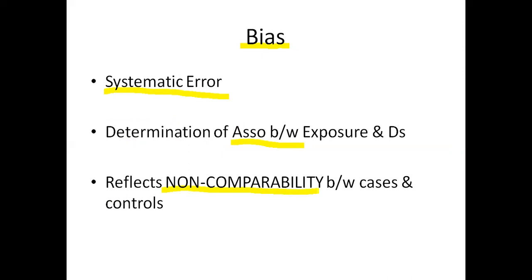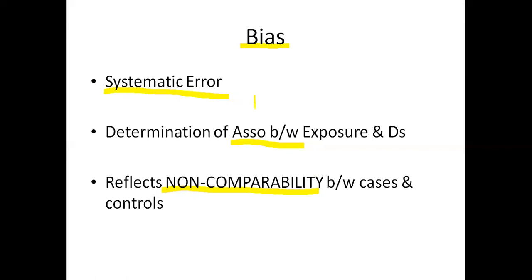So see, when you are asked about bias, or when you want to understand the concept of bias, bias in itself is a topic of its own. But here we are not talking about bias in general. We are talking about bias in case control studies.